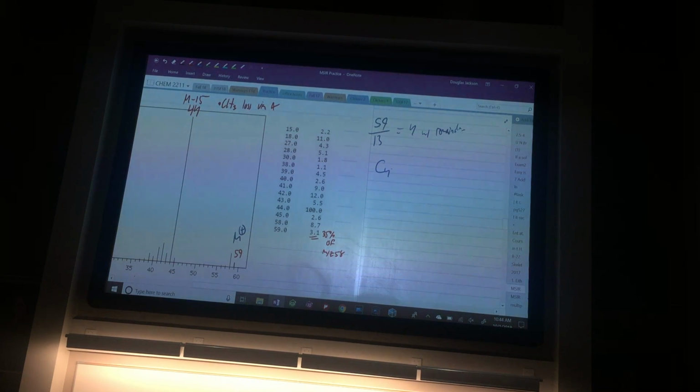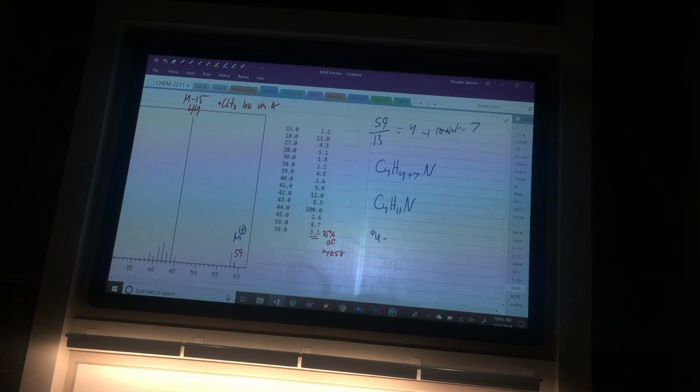So we had C4, H4, and then our remainder was 7. C4H11N, does that make sense?